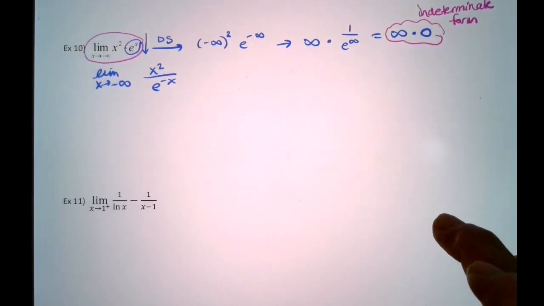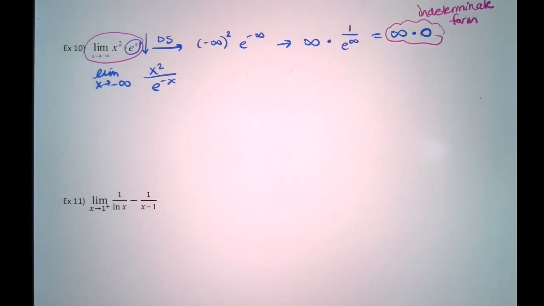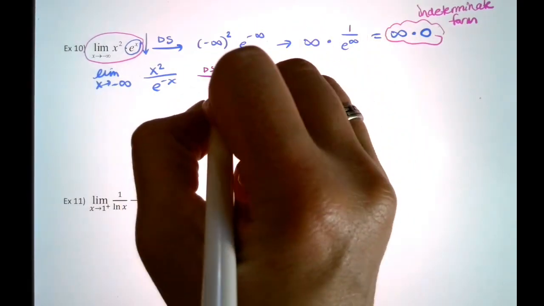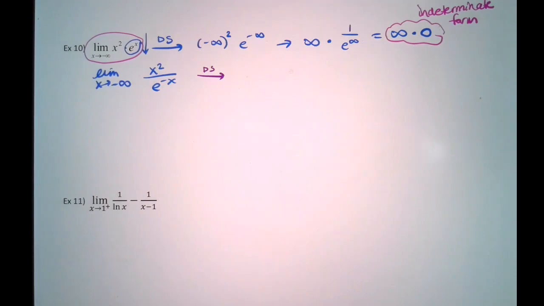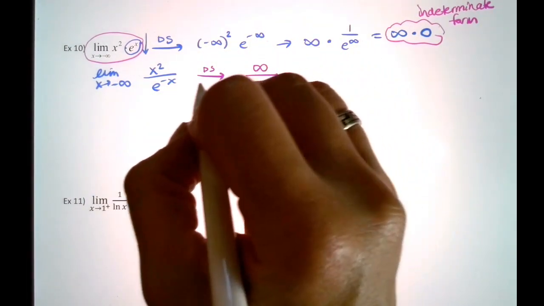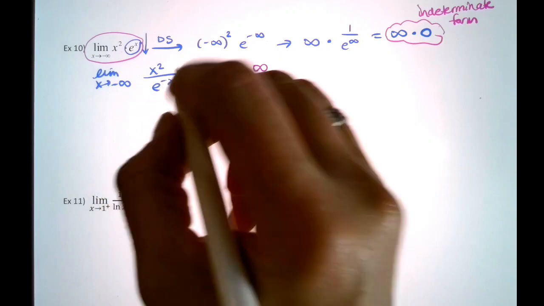I now have something rational, which is not the green light to use L'Hopital's rule. The green light to use L'Hopital's rule is 0 over 0 or infinity over infinity, end of story. That's your condition. So I'm going to directly substitute and see what happens here. If I plug in negative infinity, well, I would have infinity in the numerator, and in the denominator, e to the negative negative infinity, e to the infinity, that's infinity.